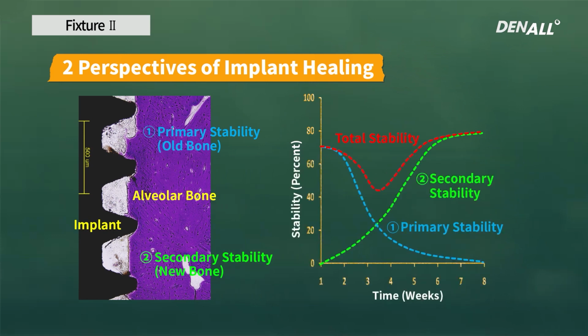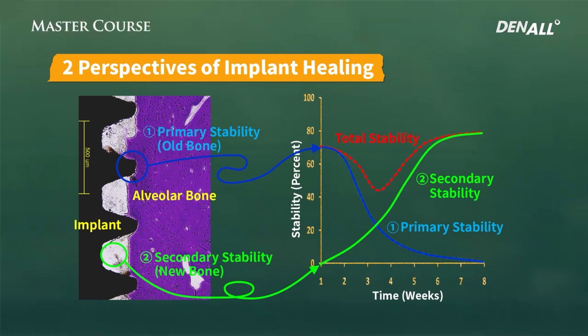The secondary stability: when an implant is placed in bone, new bone is formed surrounding the implant, and the implant is integrated into bone, and the secondary stability goes up over time. That means the primary stability goes down as time goes by.